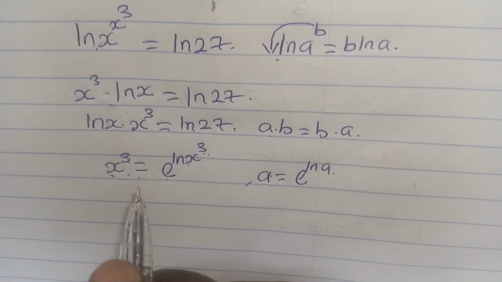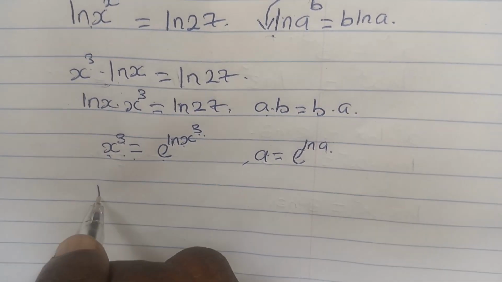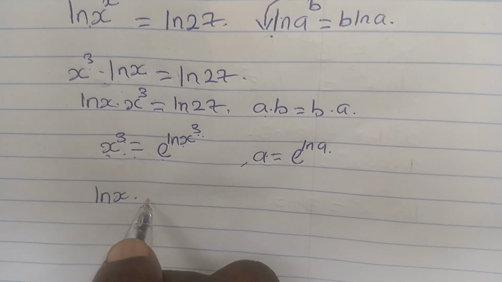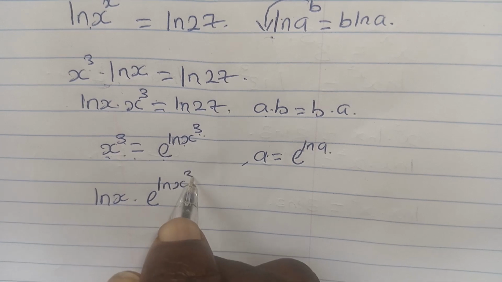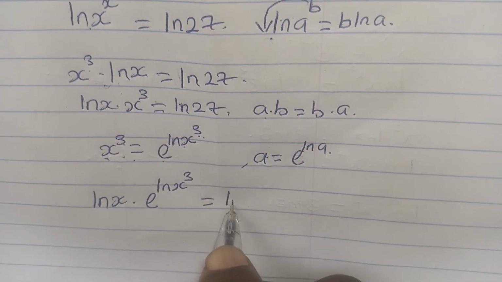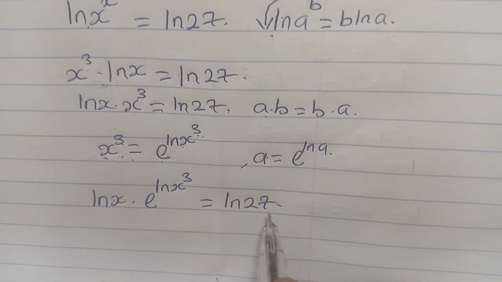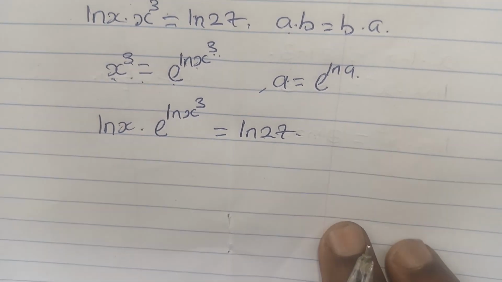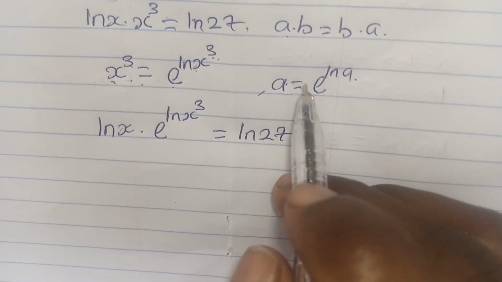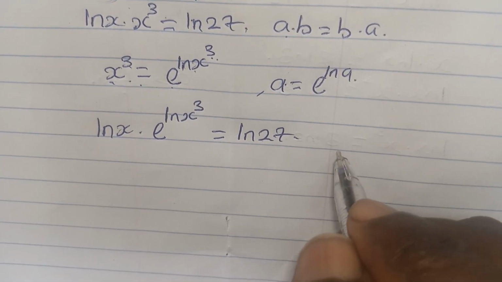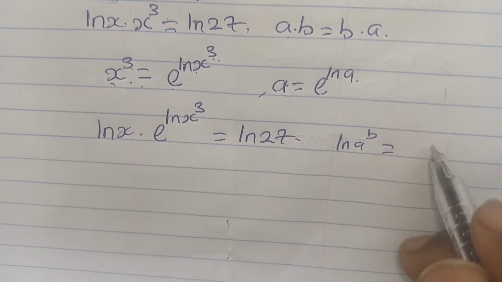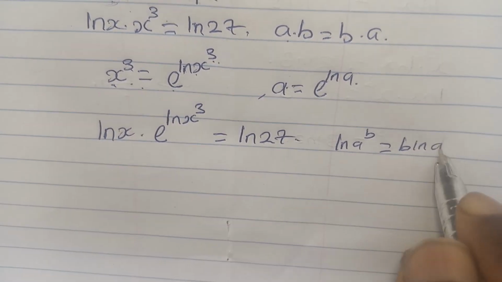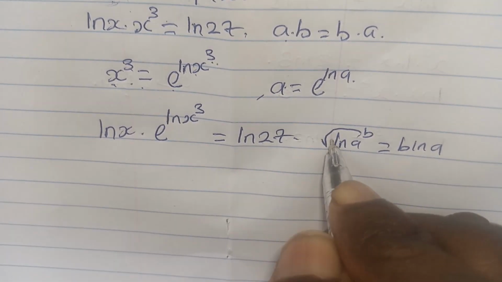So if we do that, we have ln x times exponent of ln x to the power of 3 is equal to ln 27. Recall the principle we wrote at first, that ln of a to the power of b is also equal to b ln a, because we said the exponent will be coming to the front.